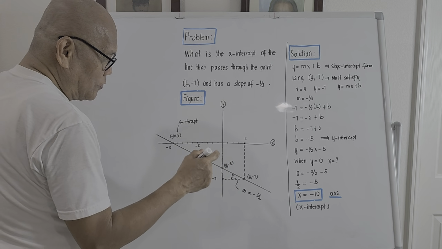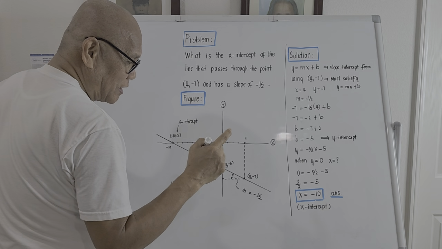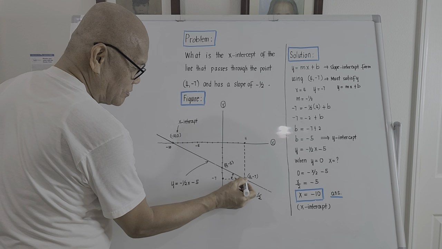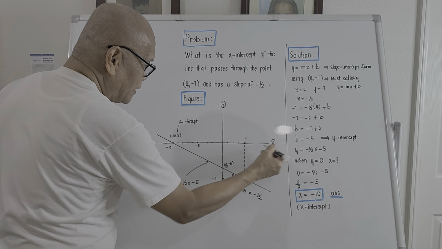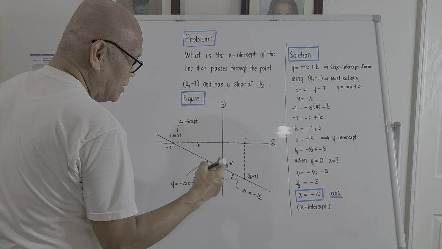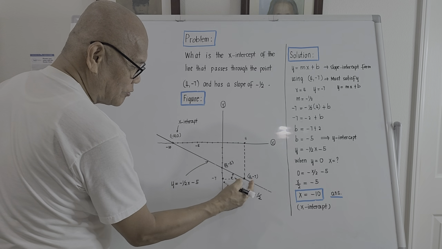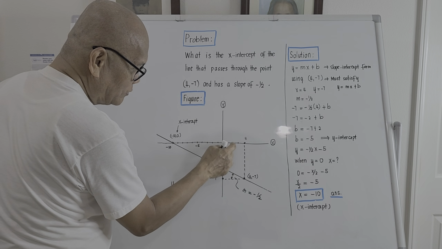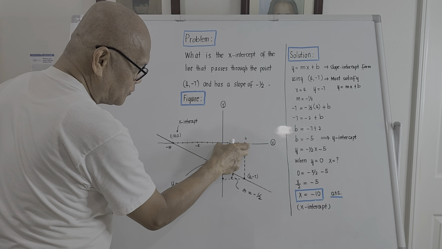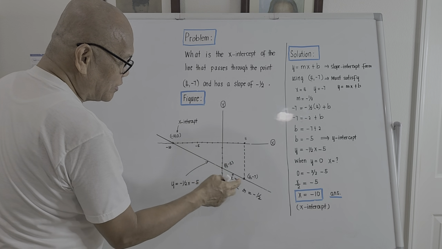If we try to draw the point where that line intersects, it is this point here. If this is the x-axis and this is the y-axis, according to the given problem, the line passes through the point (4, -7). So this should be 1, 2, 3, 4. So this is 4 units. And -7 is negative, right?